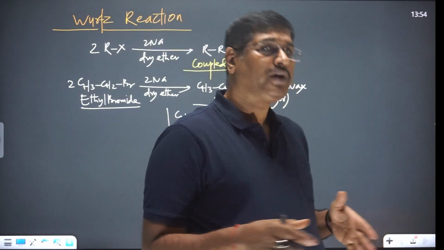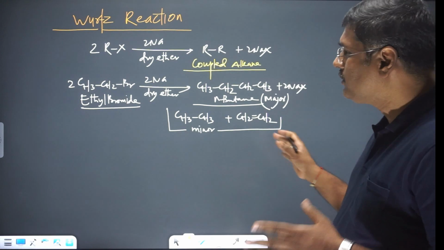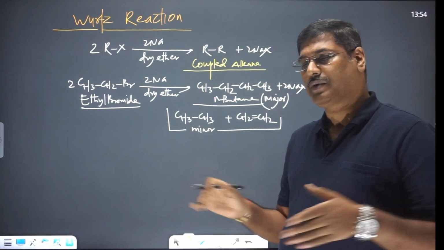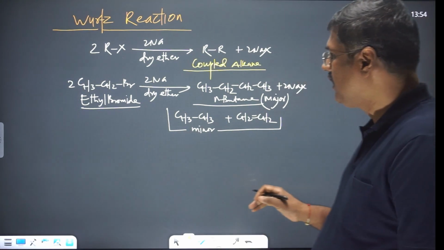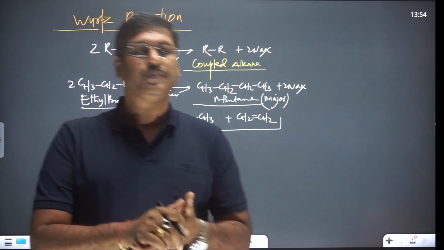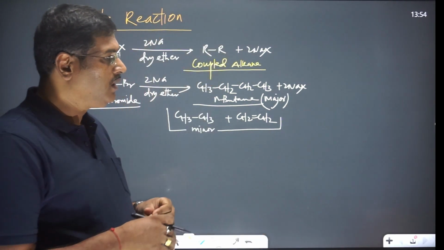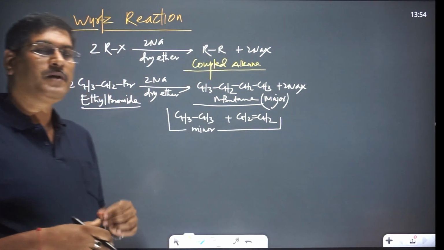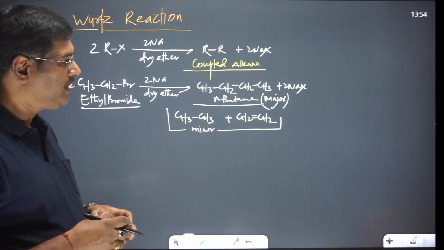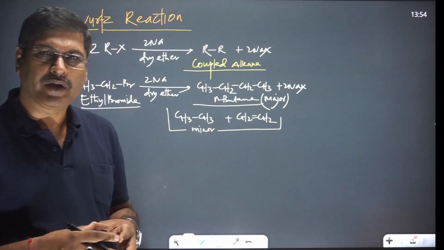Now the main point is how this reaction is actually taking place. Right? I just take the mechanism of this reaction. There are two different mechanistic paths of this reaction. One is the radical mechanism, and the other one is the ionic mechanism.